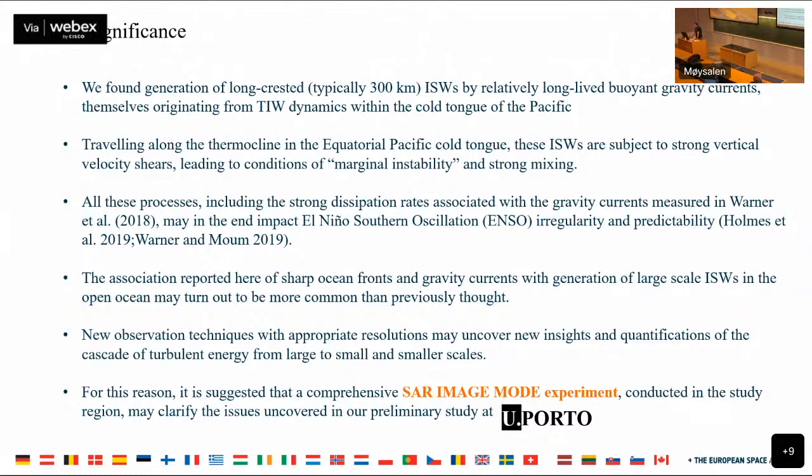And this process includes a strong dissipation rate. So we see that at the boundary of this instability wave, you see a very strong backscatter on the SAR. This is caused by very intense breaking waves, even in low wind conditions.